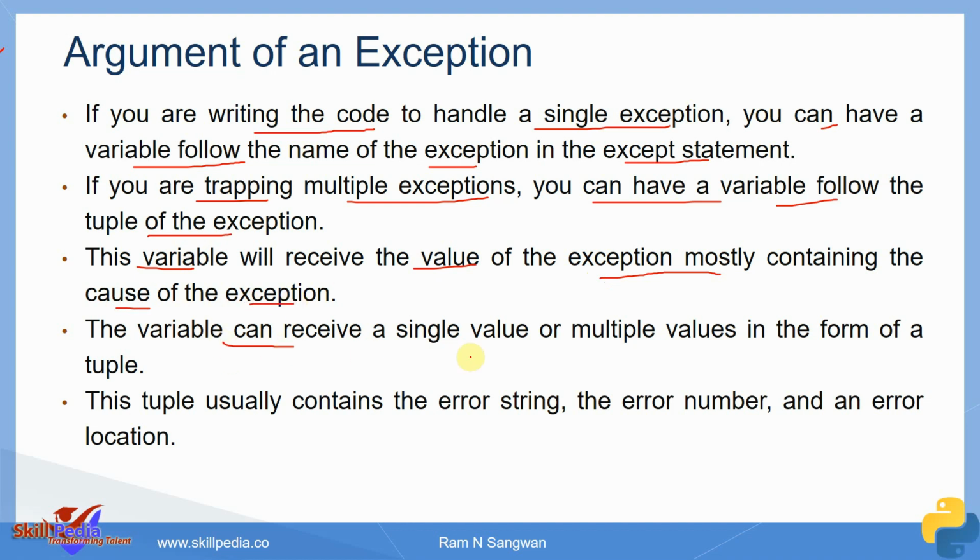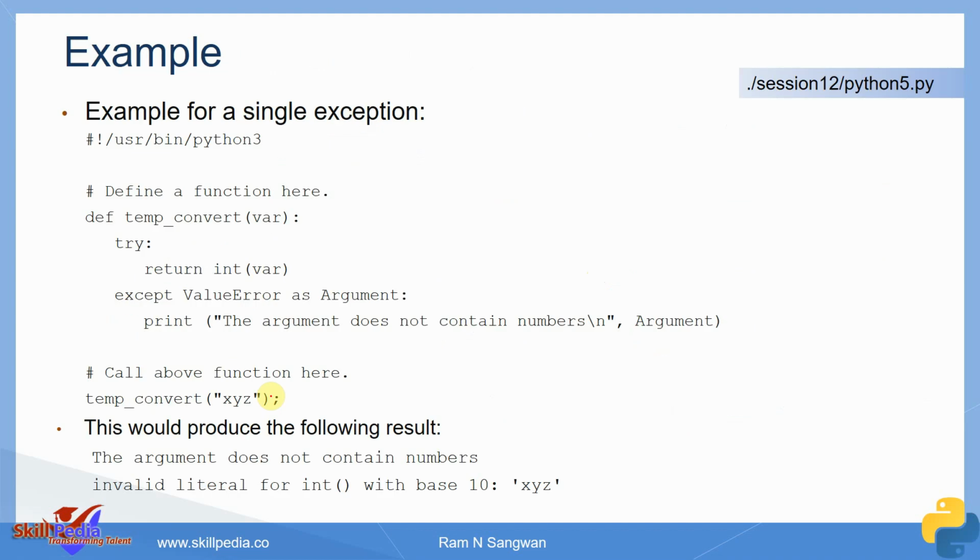The variable can receive a single value or multiple values in the form of a tuple, and this tuple usually contains the error string, the error number, and the error location, so that you can create a meaningful message embedding all three values about the error. This example is far easier to understand and will make the concept clear.